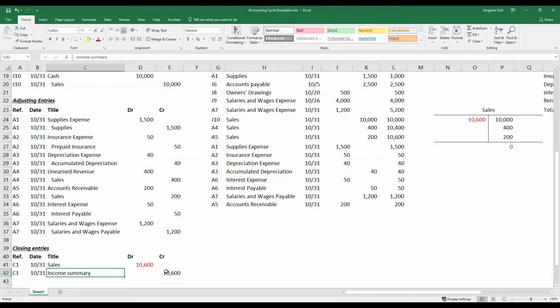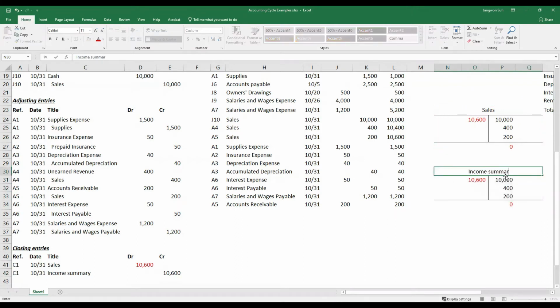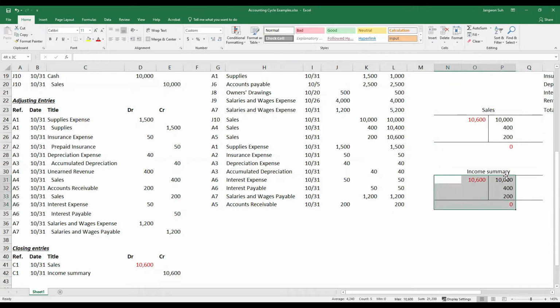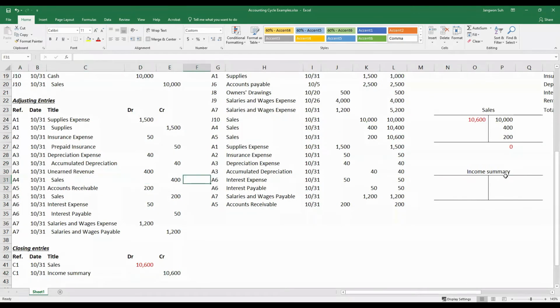Again, this account exists for closing's sake. What we did here is credit 10,600.